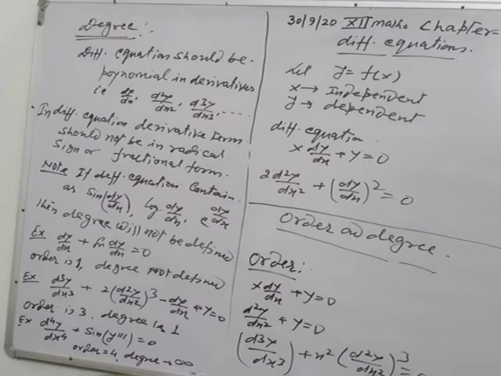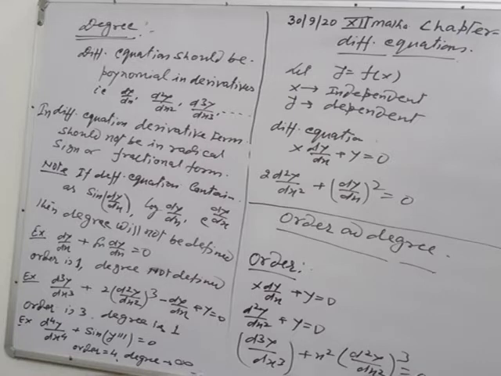Okay. Now the main thing is how to find the degree. So listen here, when you find the degree of a differential equation, your differential equation should be polynomial in the derivatives. Derivative means if it is order 1, dy by dx, order 2, d2y by dx2, order 3, d3y by dx3 and so on, means it should be polynomial in derivative terms.